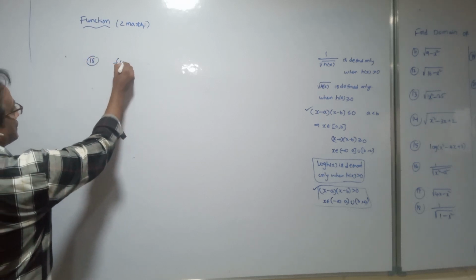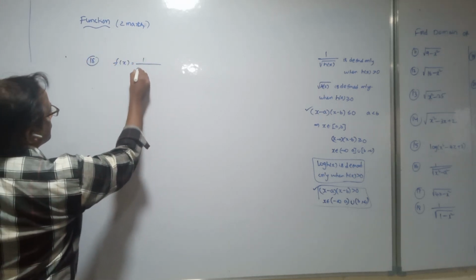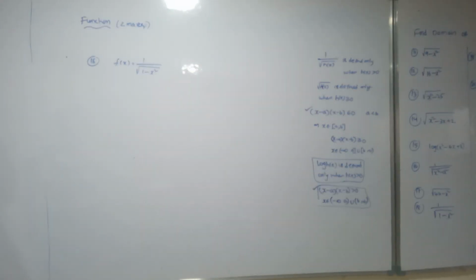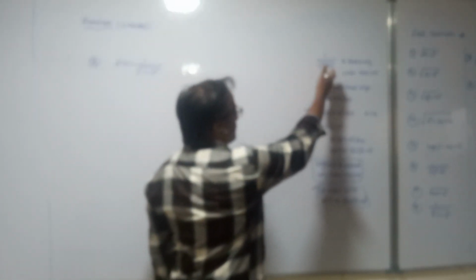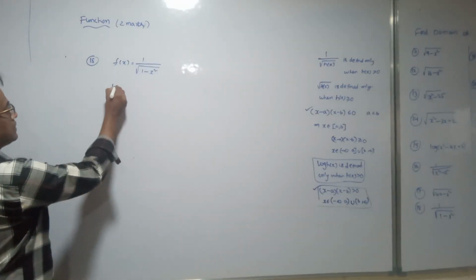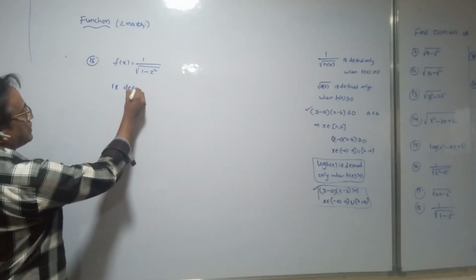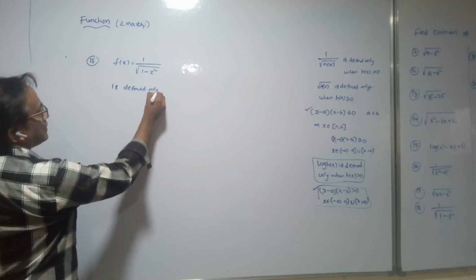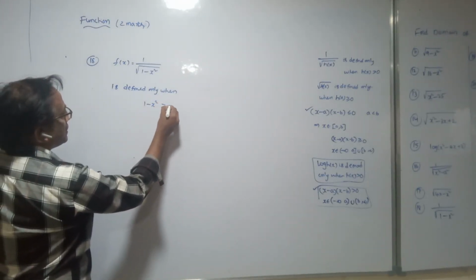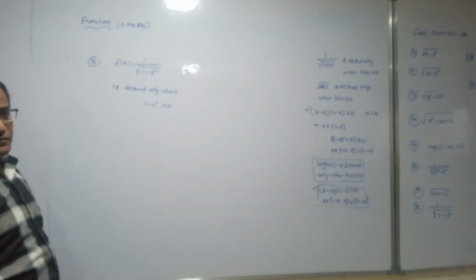Domain of f of x is equal to 1 by square root of 1 minus x square. Here also this is in the form 1 by square root of h of x. So it is defined only when 1 minus x square is greater than 0.